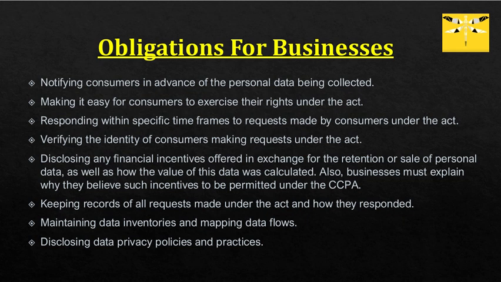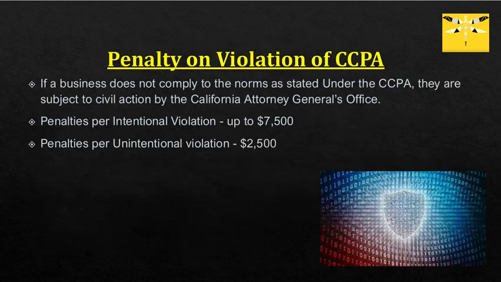What happens if they do not follow such obligations? Then there will be a penalty on violation of CCPA. If a business does not comply with the norms as stated under CCPA, they are subject to civil action by the California Attorney General's Office.